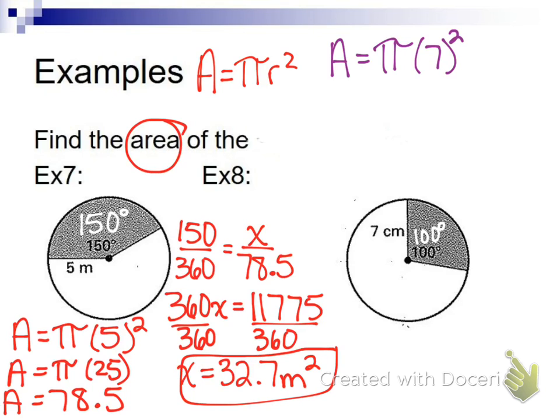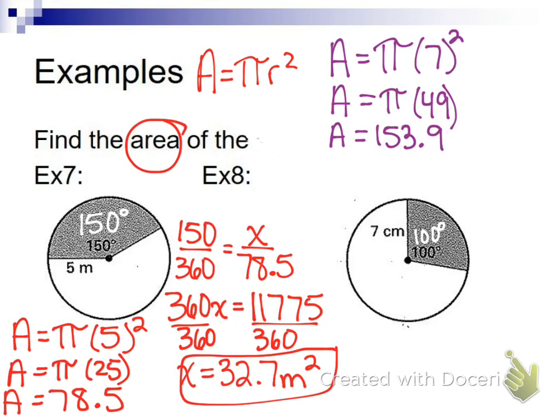Now we didn't talk about this much on the first one, I kind of just jumped to it. What do we need to do next? Square the 7. So the pi stays. Pi times 49. 153.9. Okay. And we could put our units on that, but that's not our final answer. So if you don't put your units there, I'm okay with it.